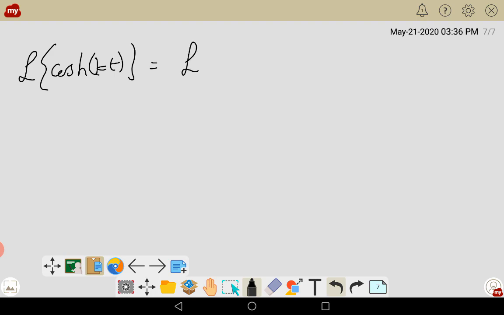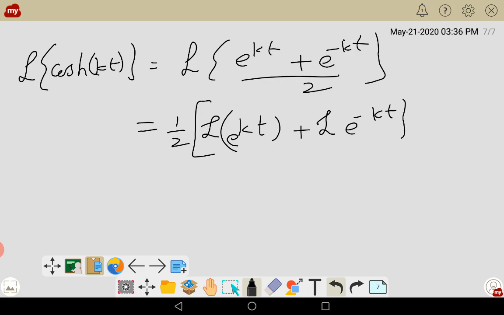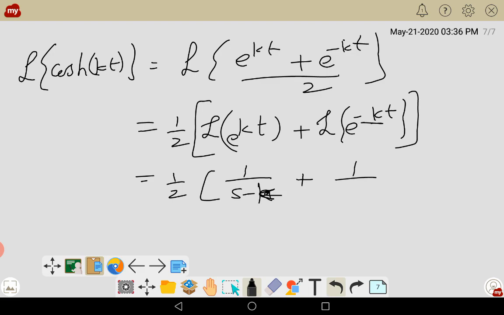Now we will find the Laplace transform of cosine hyperbolic, which is e power kt plus e power minus kt divided by 2. The linearity property says this constant is common, so 1 by 2 goes outside. First, the Laplace transform of e raised to kt; second, the Laplace transform of e raised to negative kt. We know the Laplace transform of e power kt is 1 over s minus k, so for e power minus kt, when k is negative, it will be 1 over s plus k.